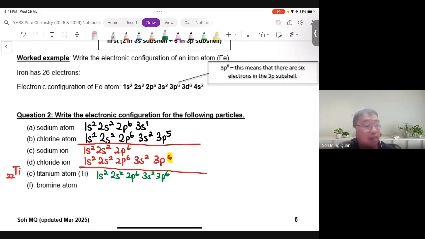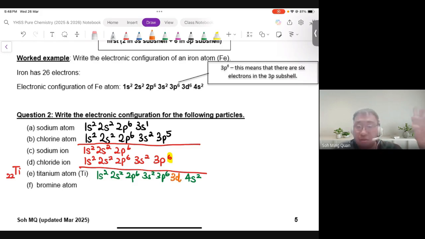Remember, after 3p is 4s. s holds 2, so 4s2. But I leave a space. I deliberately leave a space because I know I'm going to need the 3d subshell now. And by convention, even though the 3d comes last to fill in, I need to leave a space to write it in.